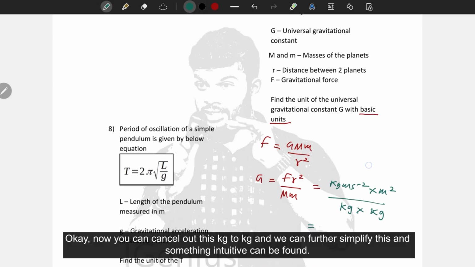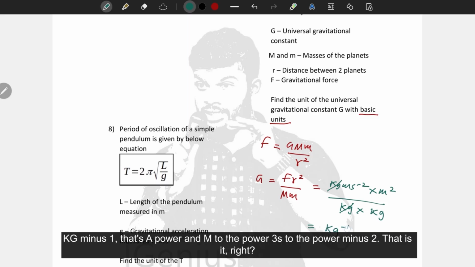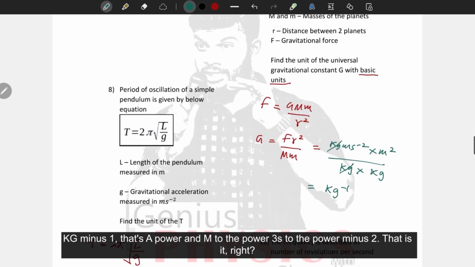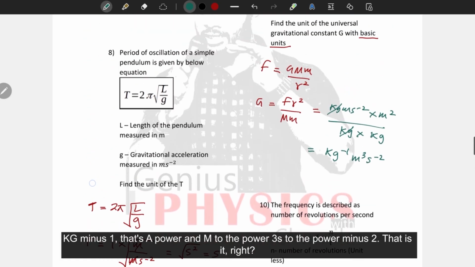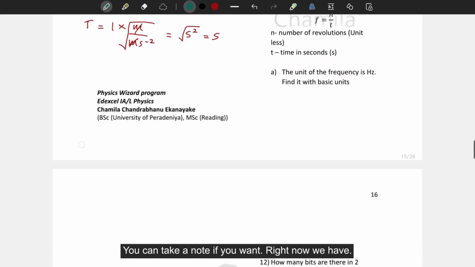Now you can cancel out kg to kg, and we can further simplify this, and something intuitive can be found. kg to the power minus 1, m to the power 3, s to the power minus 2. That is it. You can take a note if you want.